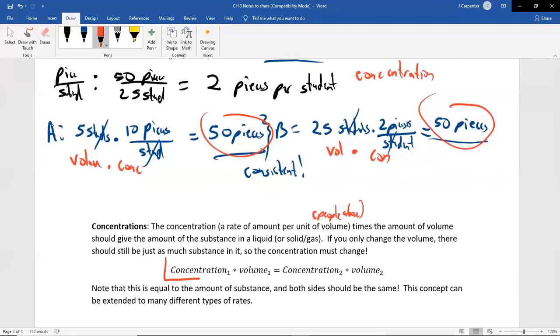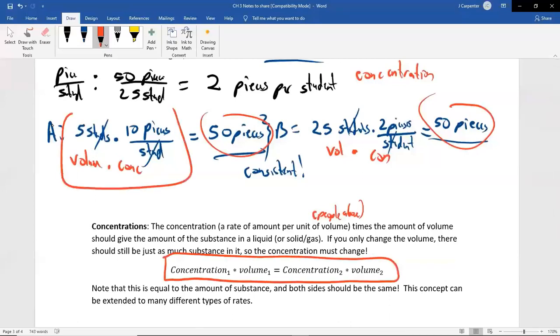So this is the concentration formula. If you take one scenario's volume times its concentration, if you don't change any of the parameters, you just have more or less people, more or less fat, more or less liquid, whatever, that product has to be the exact same thing as the other scenario's volume times its concentration.